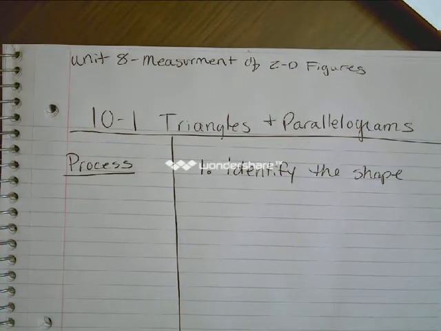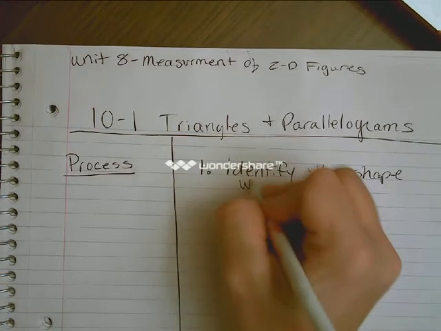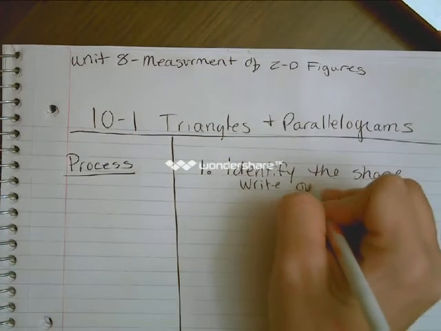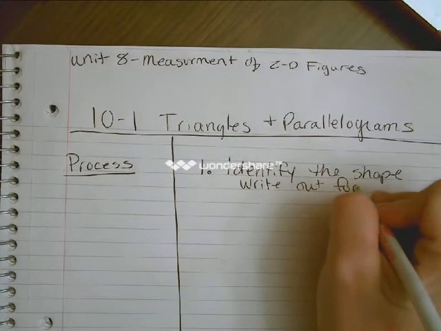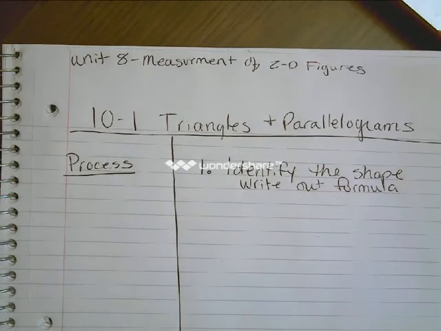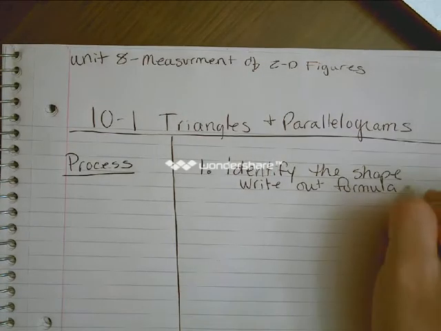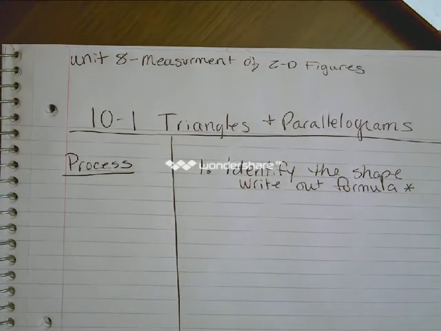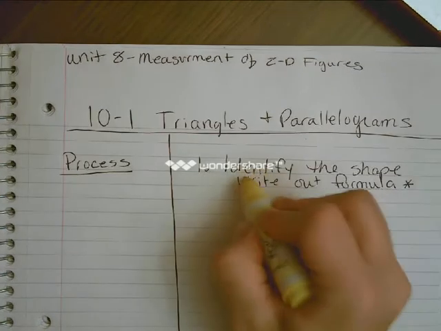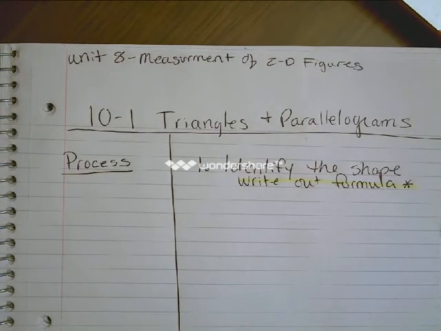After you identify a shape, you always want to write out the formula. Reason why this is important is a lot of kids try to skip this step because they think they don't need it. They think they can just plug in without actually writing the formula down.